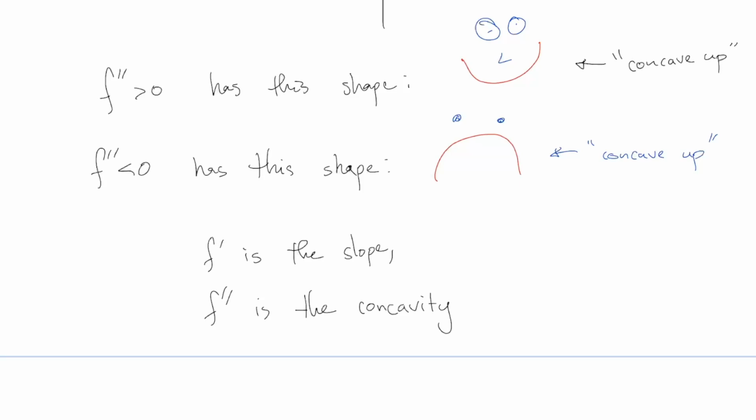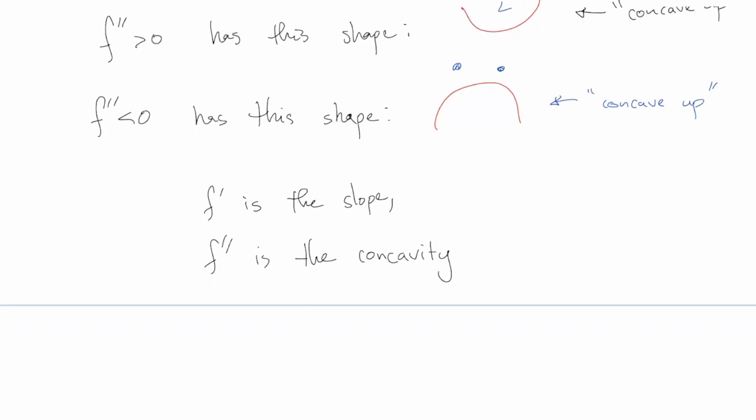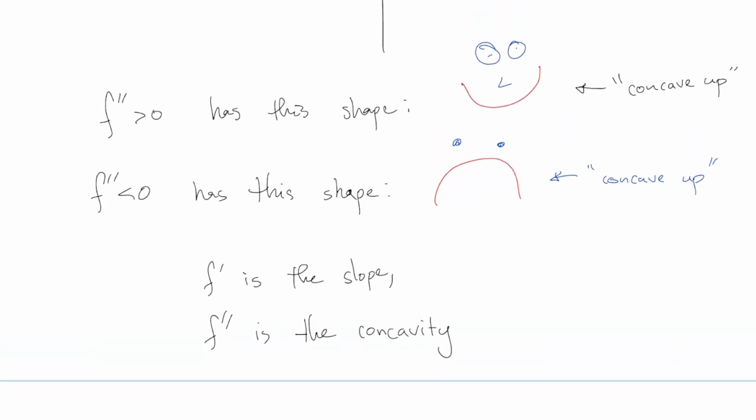Let's just do one quick example looking at a chart. A typical question that is usually fairly easy is I show you a graph and then ask you, where is this function concave up versus concave down? In the past we've talked about where this function is increasing or decreasing, but we can also ask about the concavity. So here is a graph.